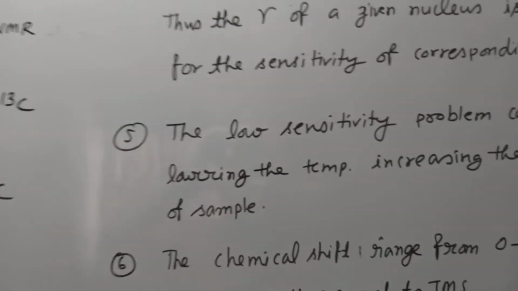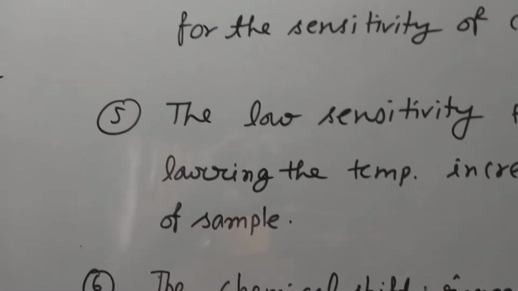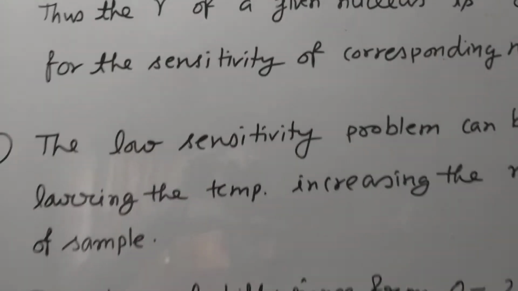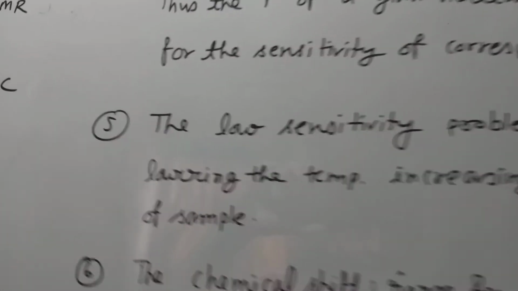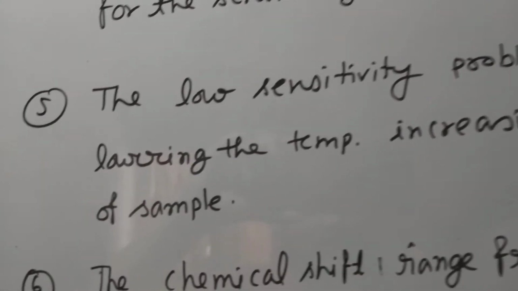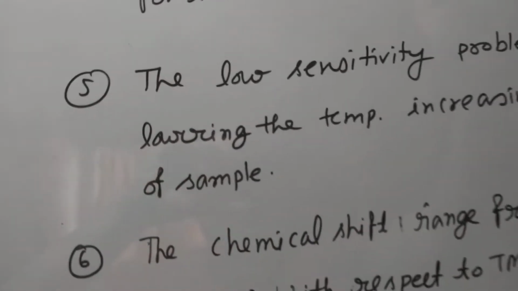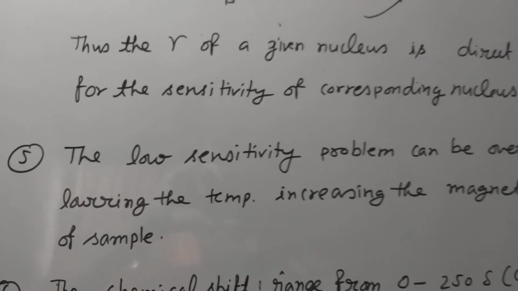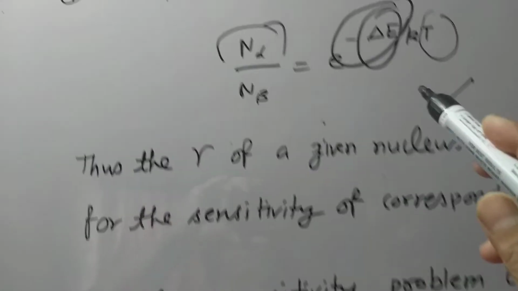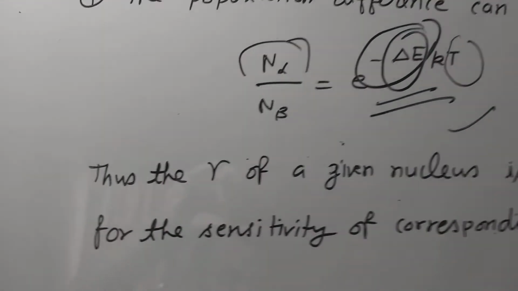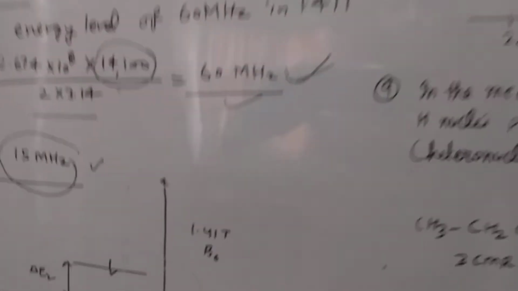However, in case of the 13C NMR, the low sensitivity problem can be reduced by lowering the temperature or increasing the population, increasing the energy difference. And this energy difference del E can be increased by applying more field.